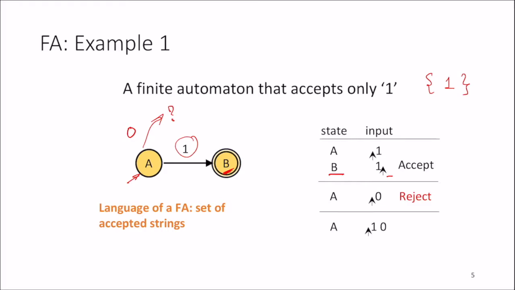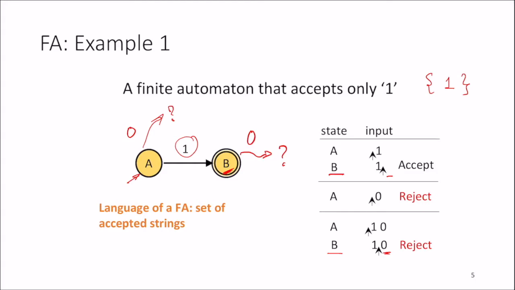And I could accept a 1 and end up in state B as before, but I still have another symbol 0 here. You can see that from B on an input 0, I can't go anywhere, so I would reject this string. So that's how a finite state machine can be used to accept or reject input strings.